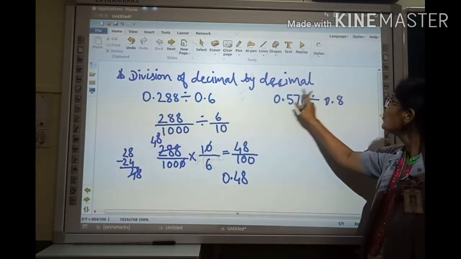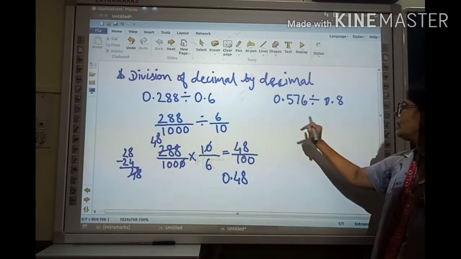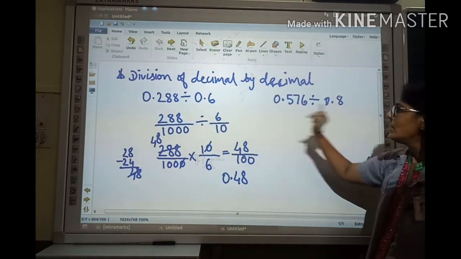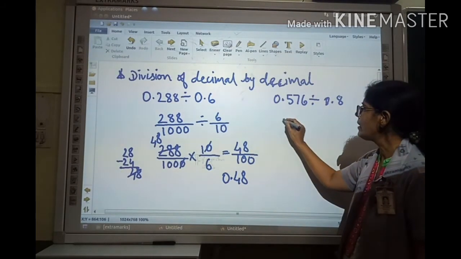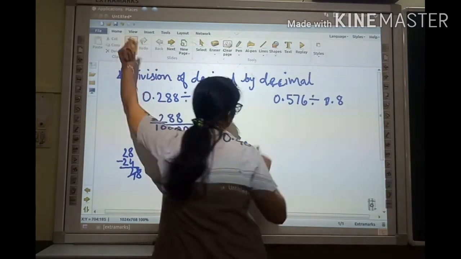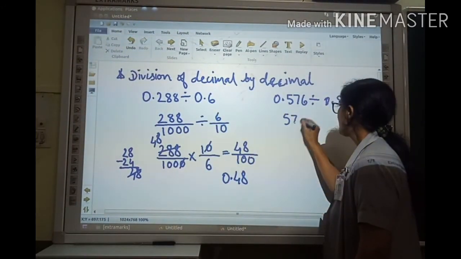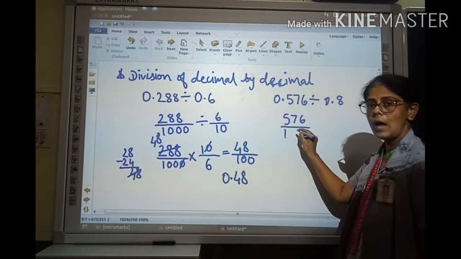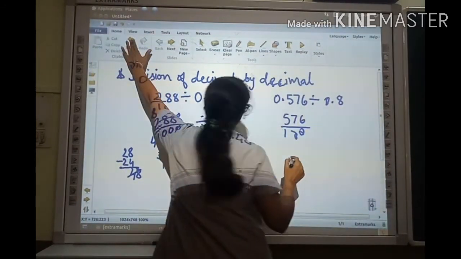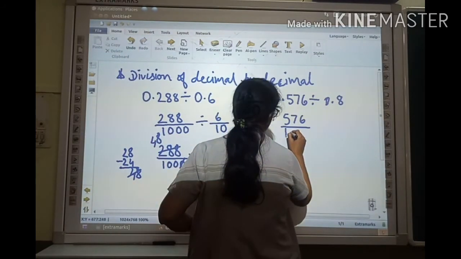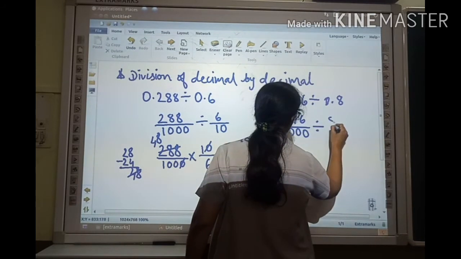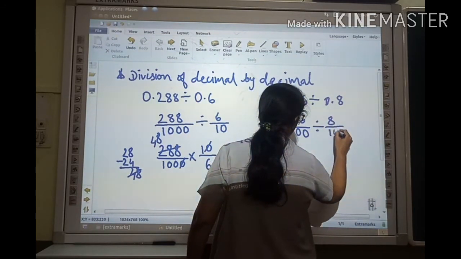Now I will explain with another example. 0.576 divided by 0.8. The same method we just did, we have to apply here. 576 upon 1000 divided by 8 upon 10, right?